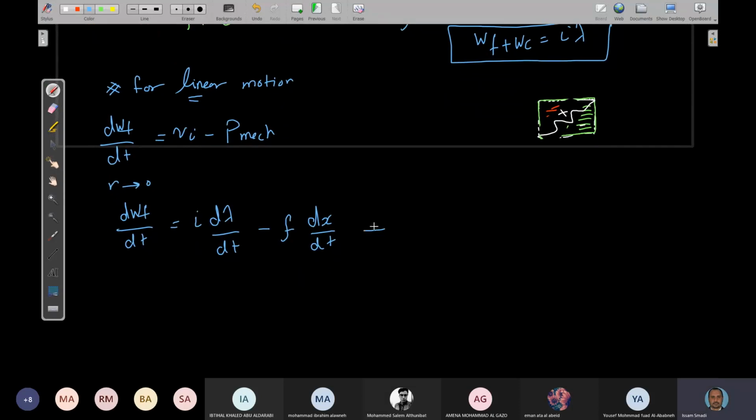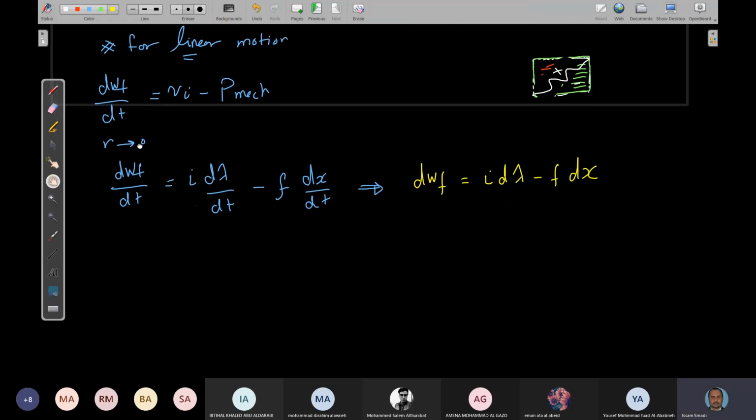So simply this can be written as d omega f is equal to I d lambda minus f dx. Until here nothing new.